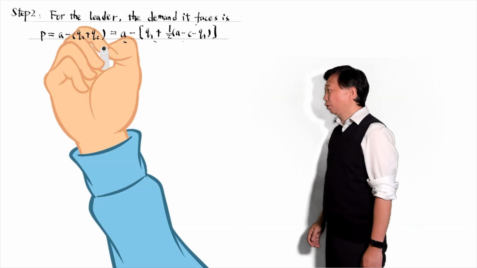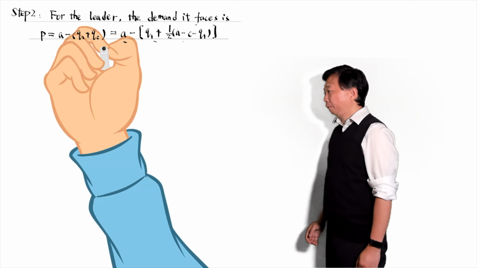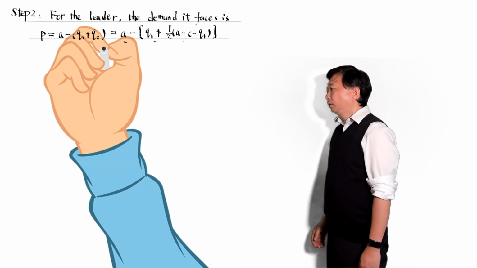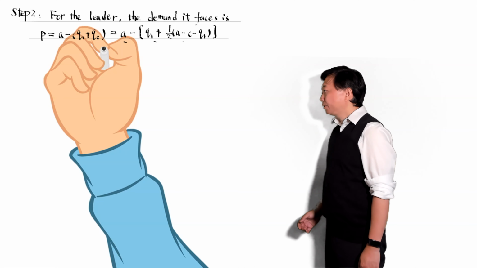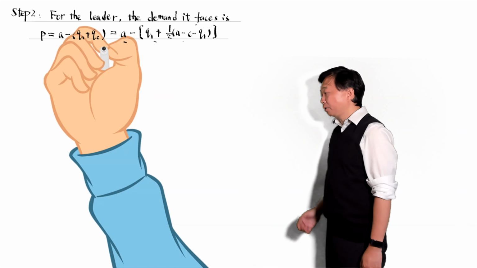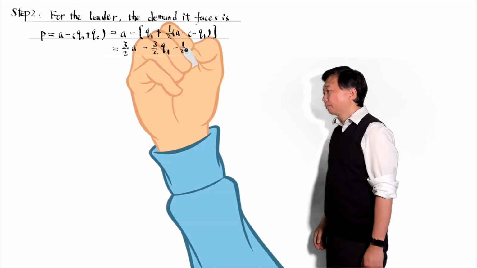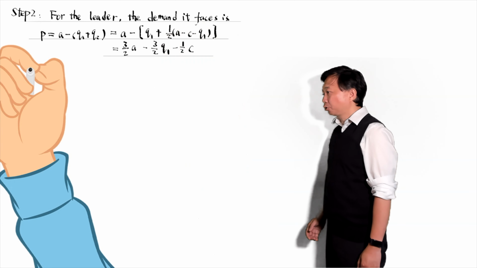It is a function of only its own quantity, Q1, because the follower firm's quantity depends on the leader firm's quantity, which is what the follower firm's best response function shows. The leader knows the follower's best response and replaces the follower's output with the follower's best response function. In this way, the market price can be written as a function of the leader's output level.